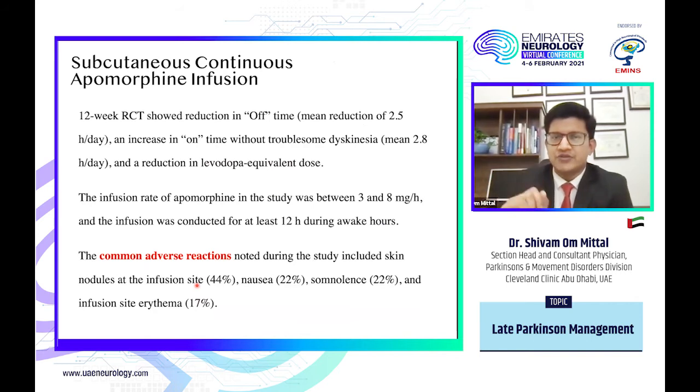You can develop nodules, you can develop some erythema. So that is something to observe and ask the patient to switch from one side to the other side or different location to avoid the skin induration. Nausea is a common side effect, but usually it goes away with time. Also, you have to treat the patients with domperidone for the first few days so that the nausea gets better.